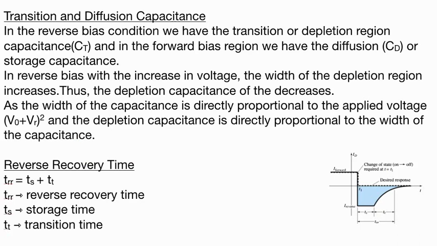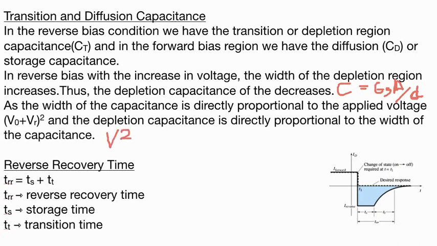The depletion capacitance decreases because of the formula C equals epsilon A divided by W. So you can see that as the depletion region width increases, the capacitance decreases, as the width is directly proportional to the voltage.